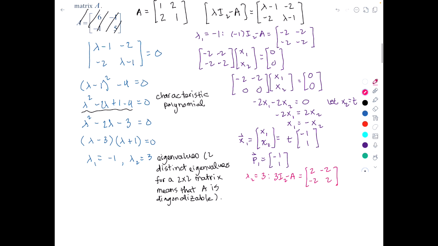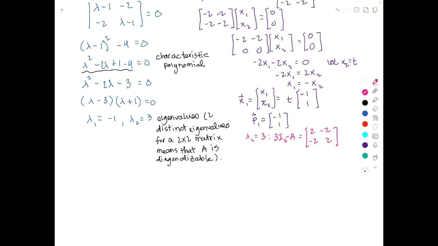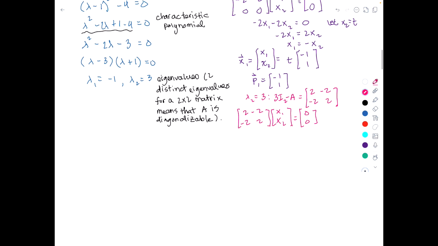And so, solving this equation, I just need to add those together and my second line zeroes out, right?